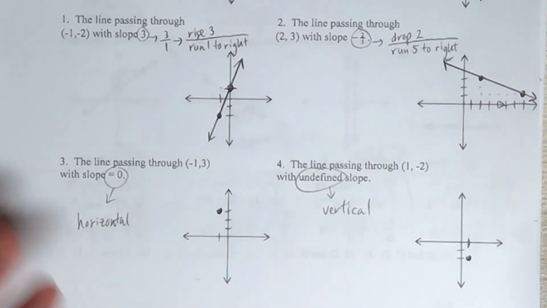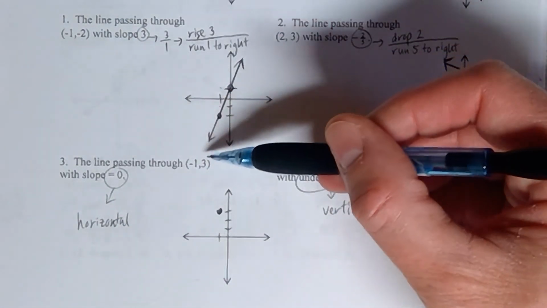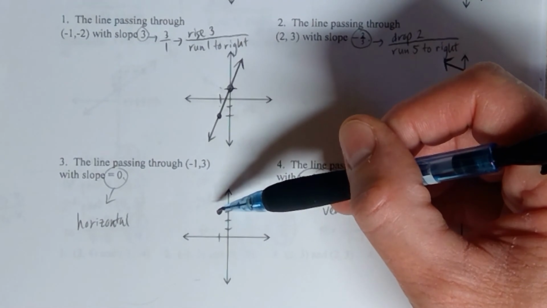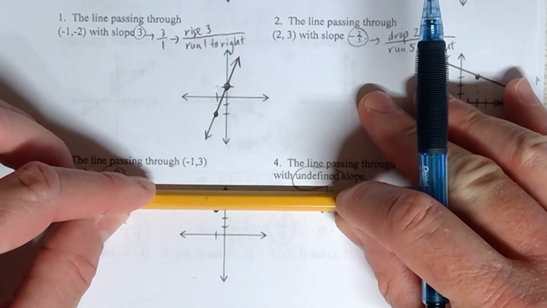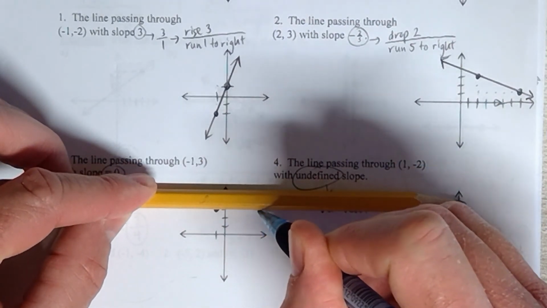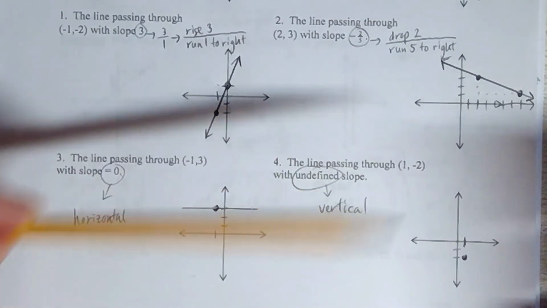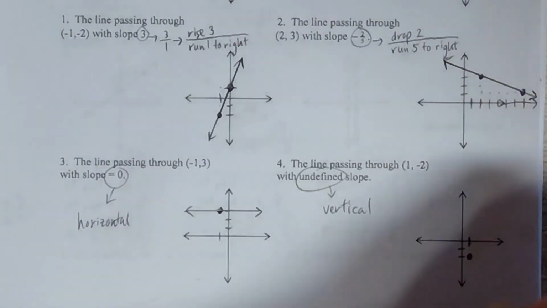And so, like I said a few minutes ago, when you already know the line's horizontal, all you need is 1 point. You graph it. And then you just draw a horizontal line through it because you already know the horizontal part tells you what direction you're going in. No second point is needed when you already know the direction.